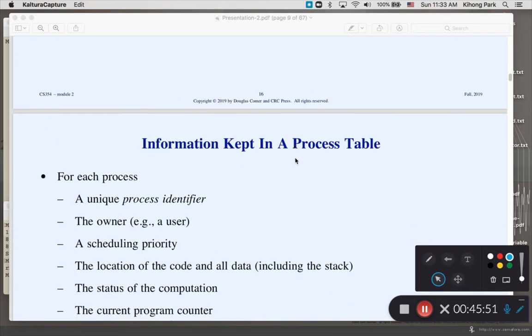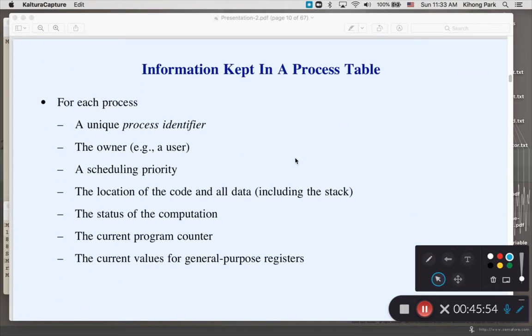Further, typical things that we keep in each entry, in each row of a process table, that is in each PCB, is that it has a PID. It may have an owner. So in Xeno, it is not a multi-user OS, but Linux certainly is. So there's a user name, a user ID, other information that we have to record. What is its scheduling priority? What we discussed. Where are things located? Status of computation, for example.